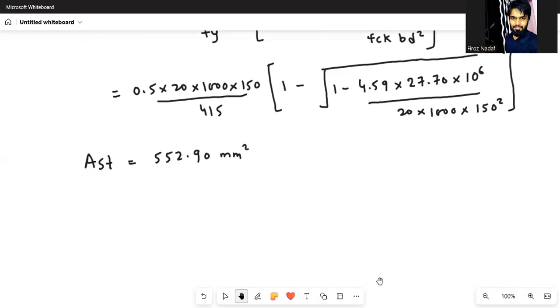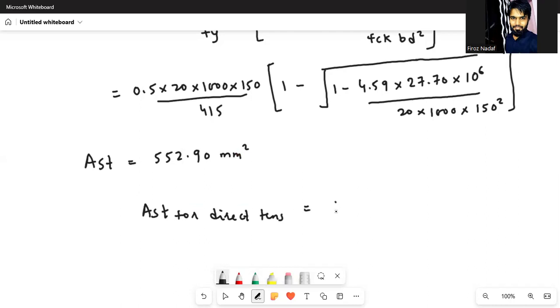And because of tension, because of direct tension, you also have to find the reinforcement to resist the direct tension. So the formula of AST for direct tension is AST for direct tension equal to TU divided by 0.87 Fy.